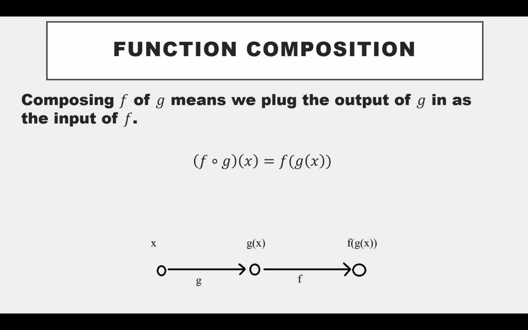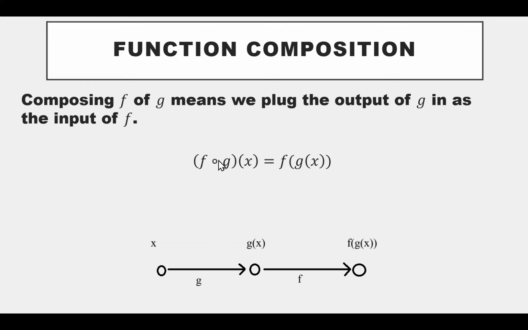If I compose, or composing G of F, sometimes we say compose G with F, or composing F of G, compose F with G, it means we plug the output of G in as the new input of F. Now, because this isn't a standard operation, like it's not just multiplication, it gets a new symbol.